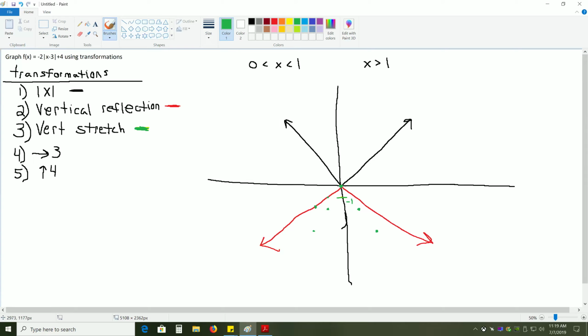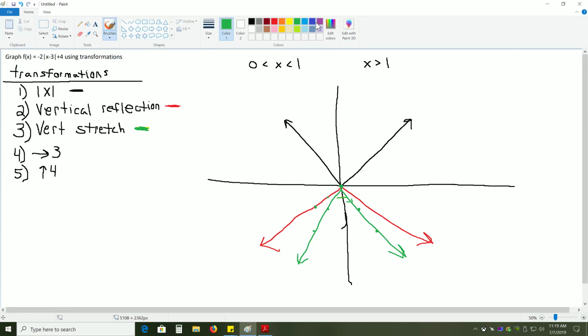So a vertical stretch will look like this. You do not have to show all of these steps. This is just to give you an extra idea of how this works after we cover some examples in class. So our graph literally got longer. If you notice, these y values that were shorter are now further down. They've gotten longer.